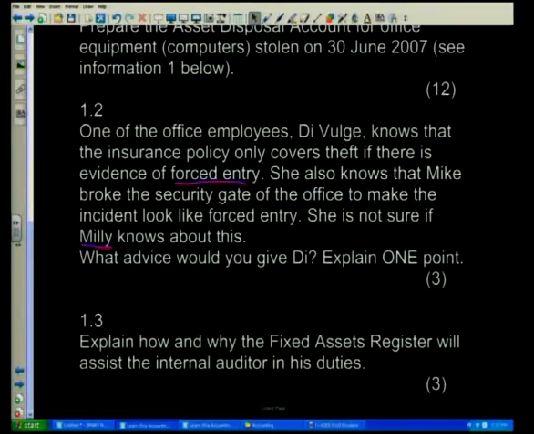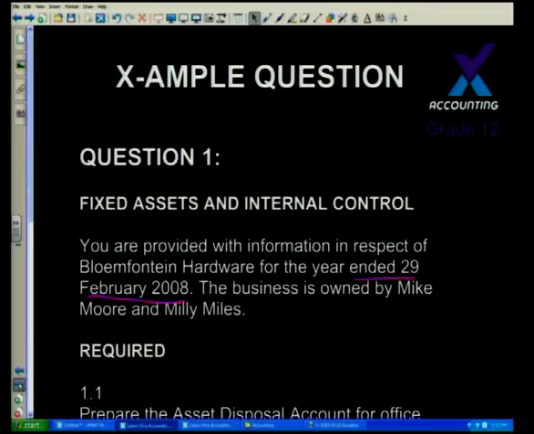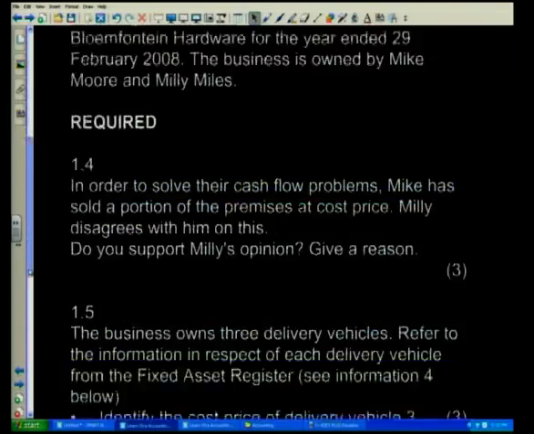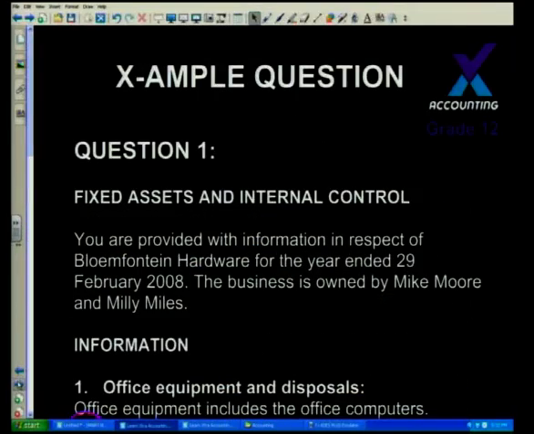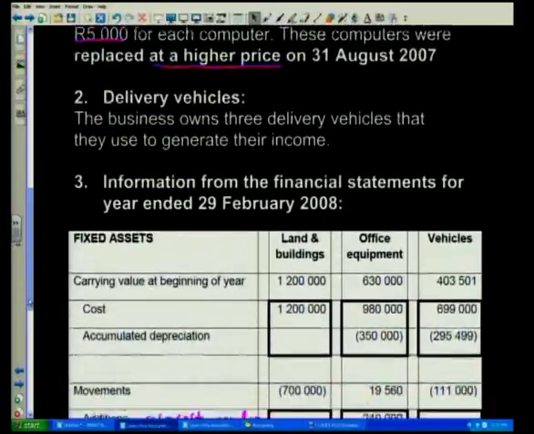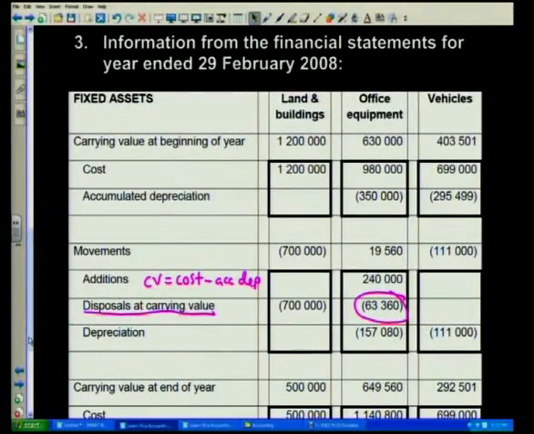Let's look back at the information that we've been given. Remember, you would find the information on fixed assets usually in the fixed assets note. So what we're interested in here is the sale of the building. Can you see here that if we look at the fixed assets note, our land and buildings have been sold during the financial year.